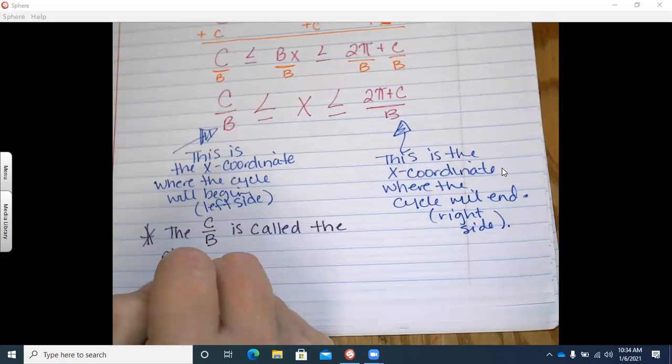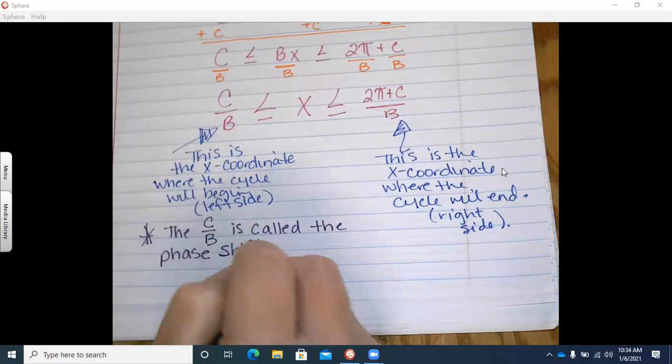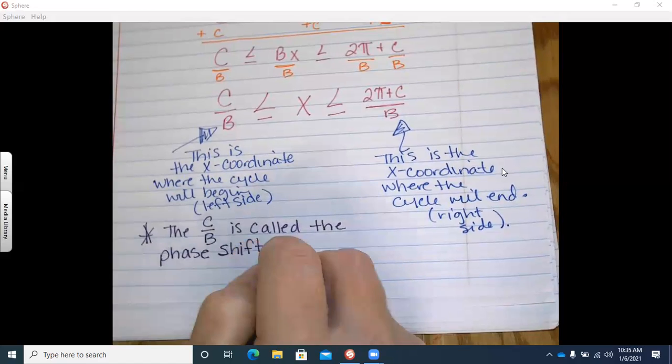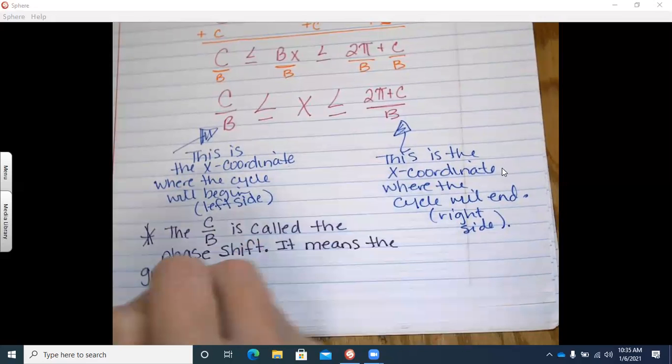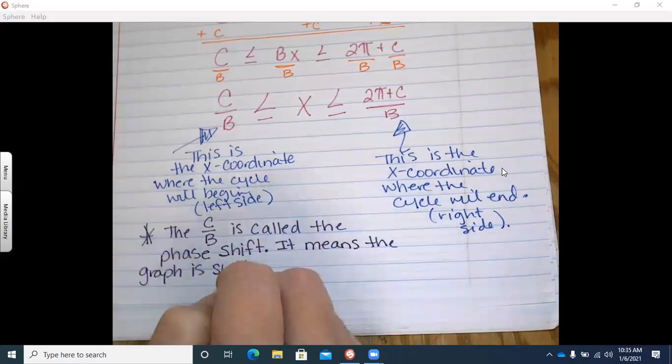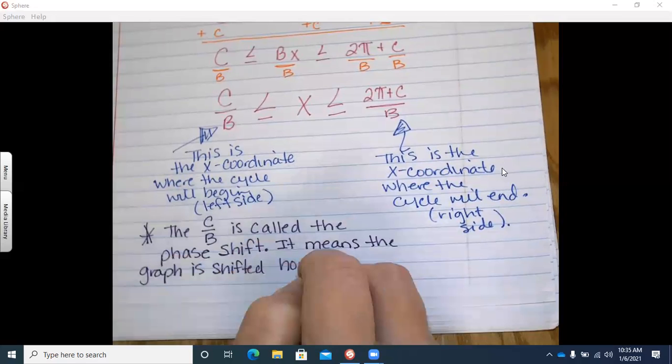It means the graph is shifted horizontally by c divided by b.